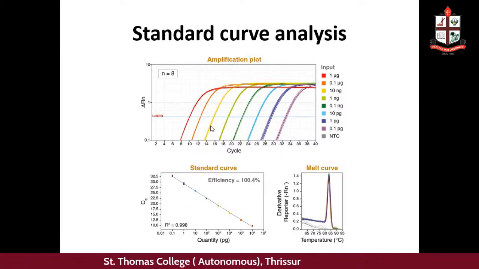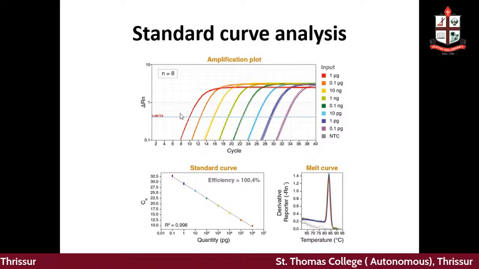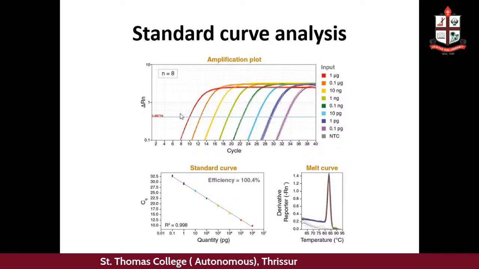So basically whether the amplification is happening at 100% efficiency or less than that, that can be estimated. Even the software that comes with many real-time machines, in that you can do such an analysis and you can estimate the efficiency of your primer.